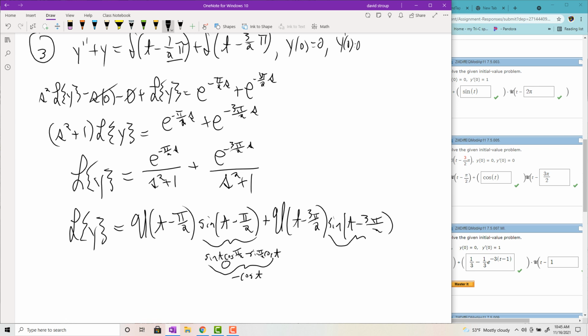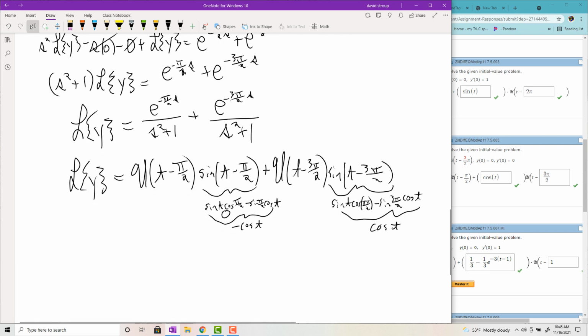And then this guy, sine of t times cosine of 3 pi over 2, that'll be 0 again. Then minus sine of 3 pi over 2 times cosine of t. Sine of 3 pi over 2 is negative 1, so this time this will be just cosine of t. And then you could write up your answer.